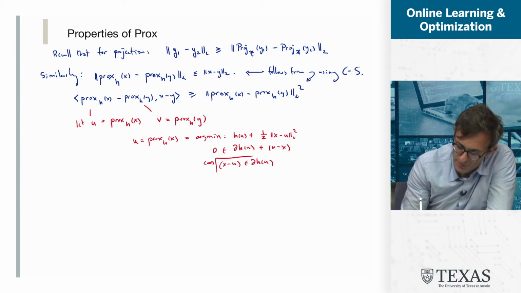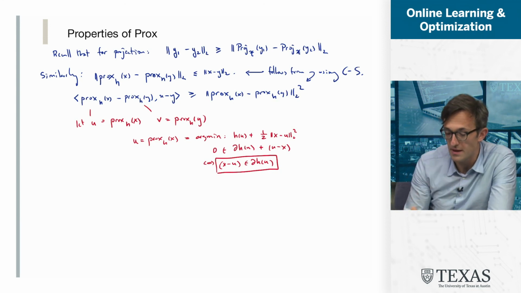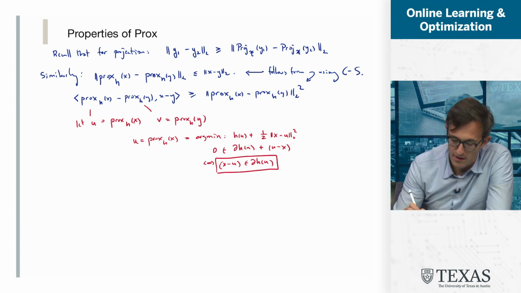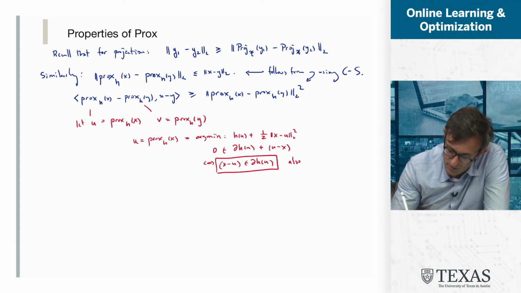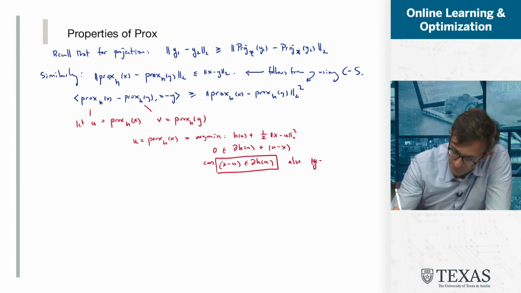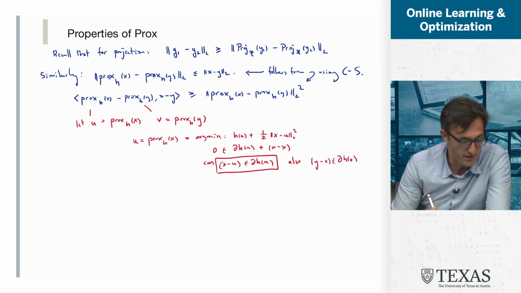This is a very simple thing, but we're going to use it again and again when we're talking about prox. It's one of the main defining things. And so we know that this is true, and similarly, we also have that y minus v is an element of the subdifferential of h at v.